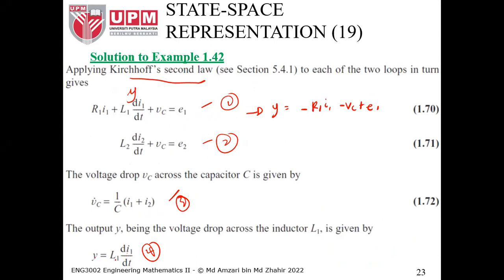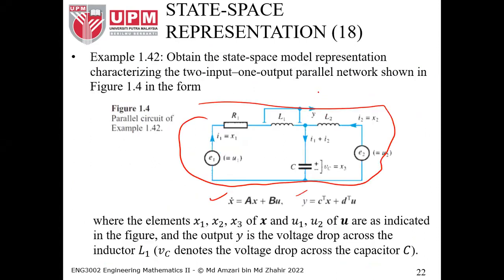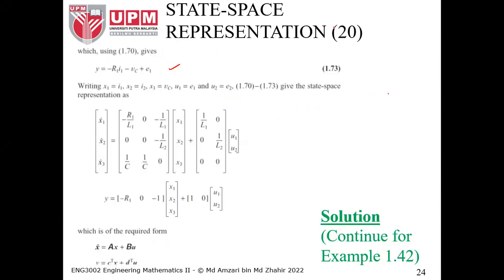We know that y equals L1 dI1/dt, where dI/dt equals x dot 1, d squared I over dt squared equals x dot 2, and d cubed I over dt cubed equals x dot 3. From here we change each equation in terms of x1. This is what we want to find.